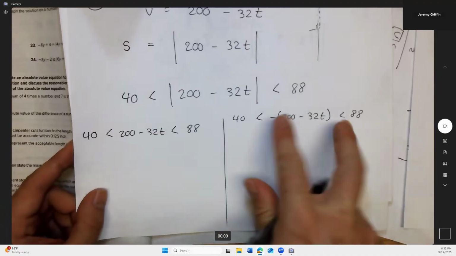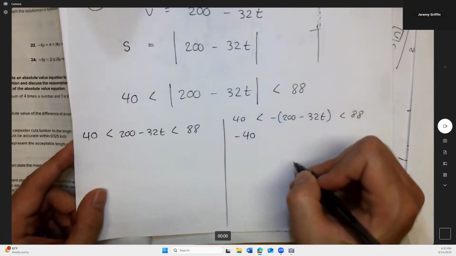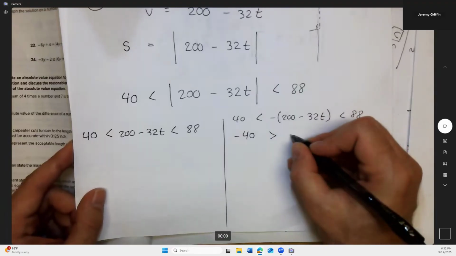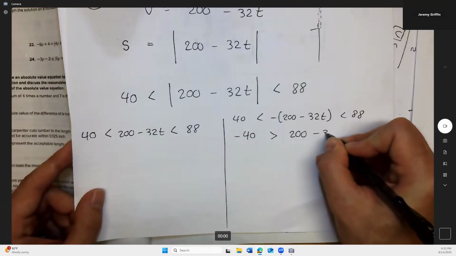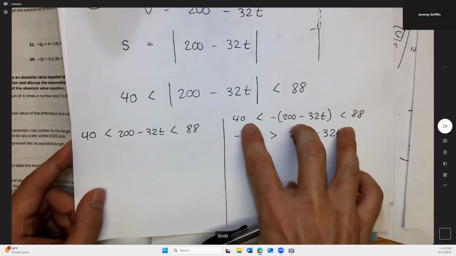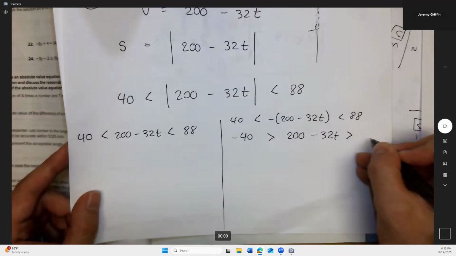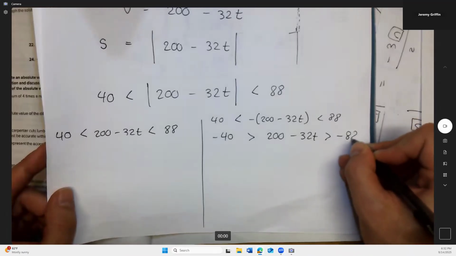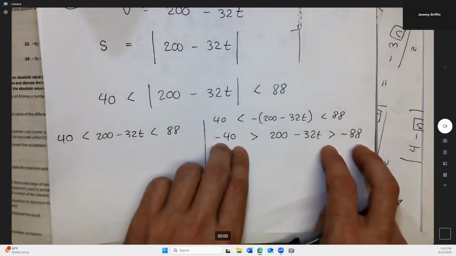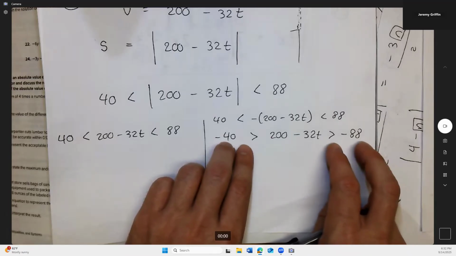Or you could flip the inequality sign and say negative 40 is greater than 200 minus 32t. See how I divided all three sides by -1. It makes this negative, flips this inequality sign, flips this inequality sign, and then this would be -88. So it could be greater than -88 and also less than -40.